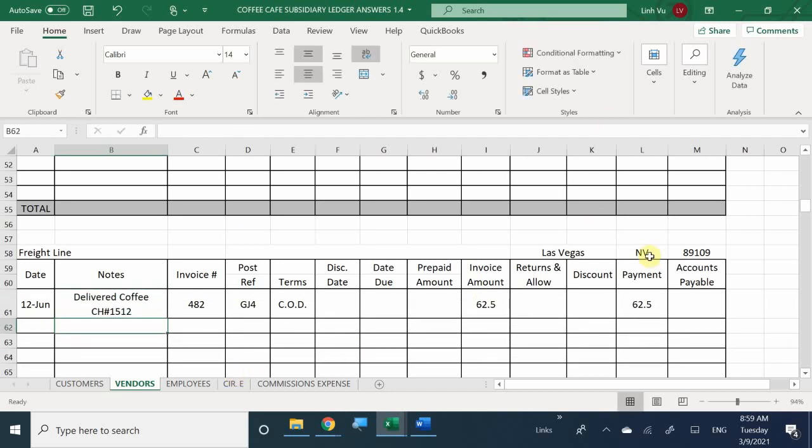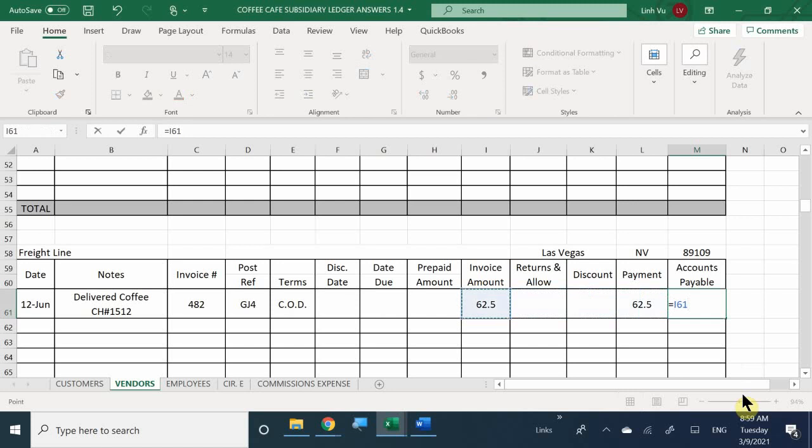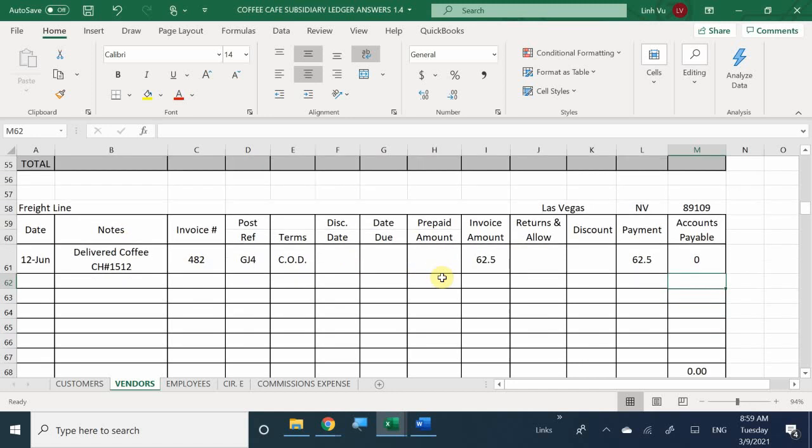All right. So once again, the formula is invoice minus prepaid minus returns minus discounts minus payments. So therefore, I owe freight line $0.